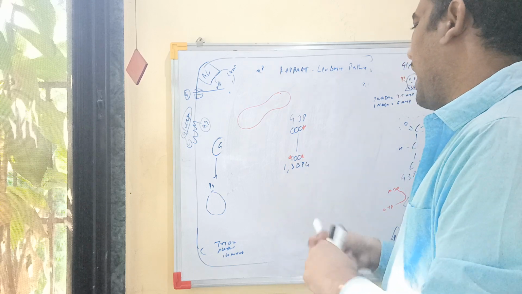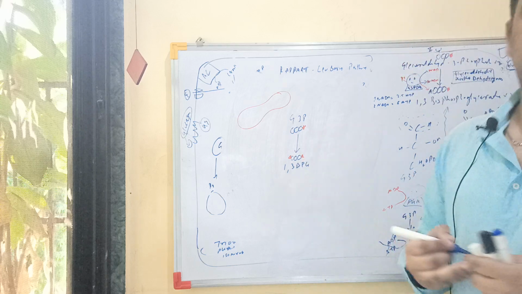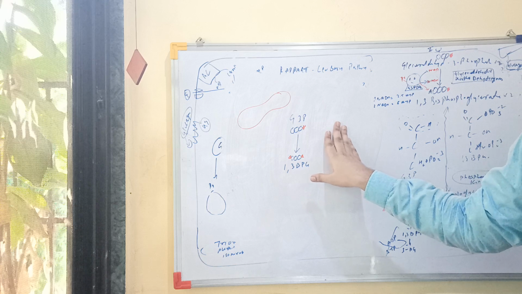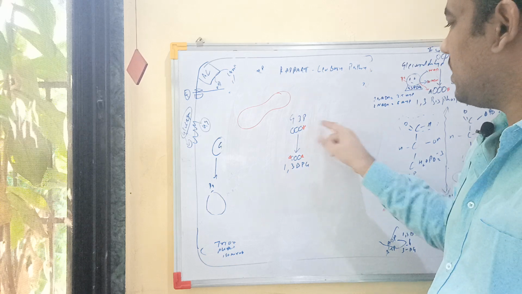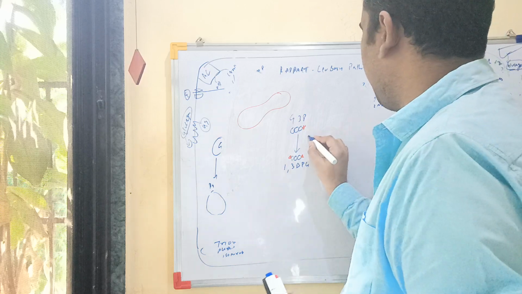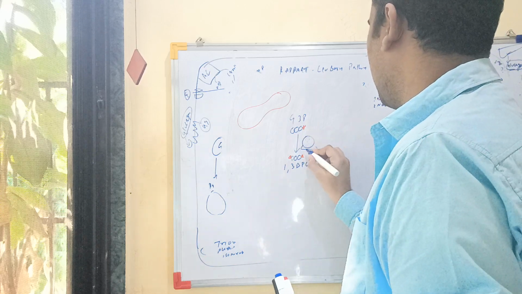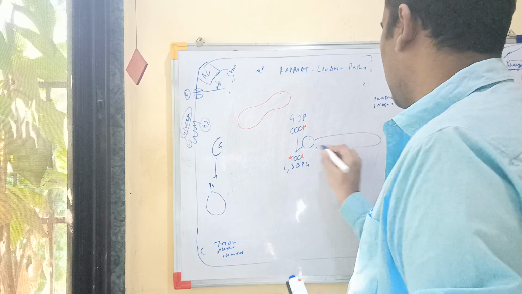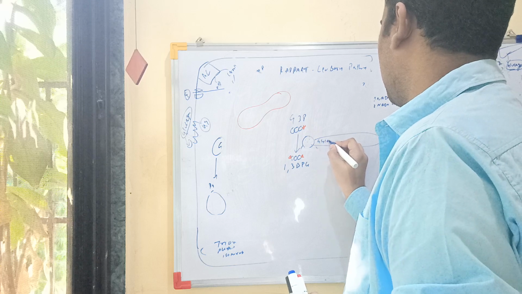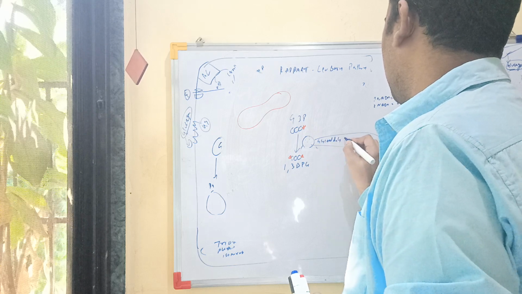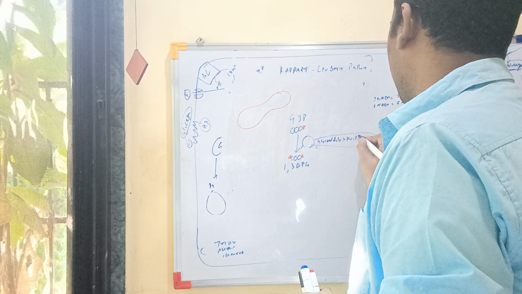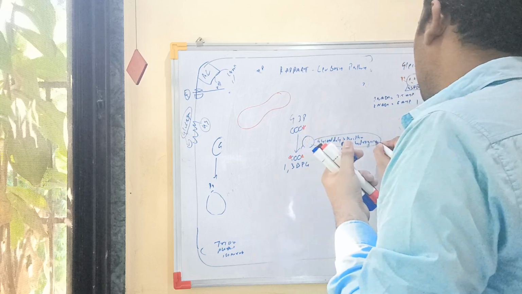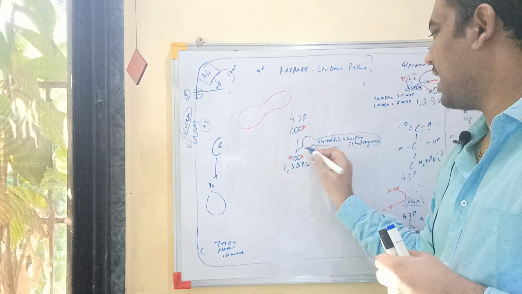And this reaction happens in RBCs, no doubt, and of course the enzyme here is glyceraldehyde phosphate dehydrogenase. This is the enzyme which does this reaction.